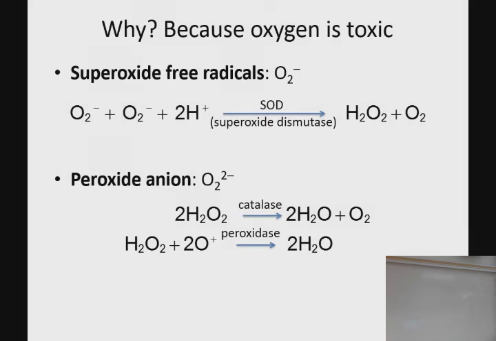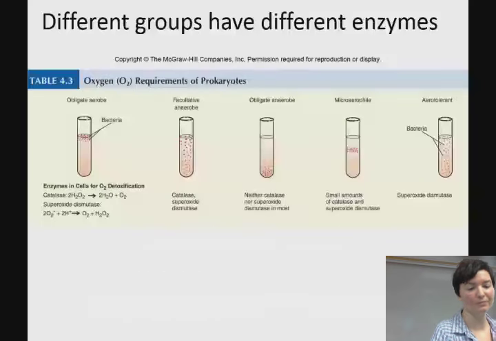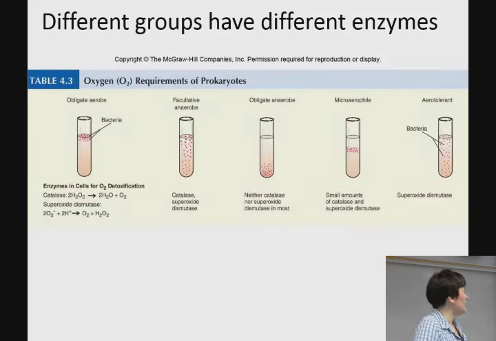You might have these, just depending on what kind of chemistry you do. If you're living in an anaerobic environment, would you bother to make these? No. So depending on which enzymes you make, you can actually tell something about the organism's requirements for oxygen, even without having to do the test that I just showed you. This shows you sort of the breakdown of who has what, so you can read this on your own.